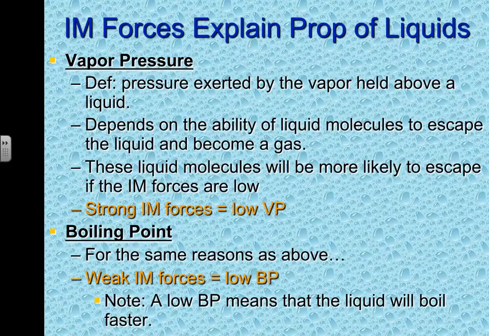So the more intermolecular forces you have, the higher your boiling point will be, because you have to put enough energy into those molecules to break the hydrogen bonds, the dipole-dipole interactions and the London dispersion forces. All of that extra energy means you're going to have to raise the temperature higher to get it to boil. So between vapor pressure and boiling point, hopefully you can see that, again, intermolecular forces really is where it's at. It explains everything.